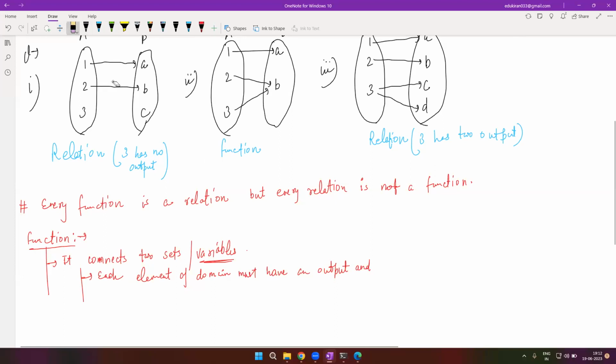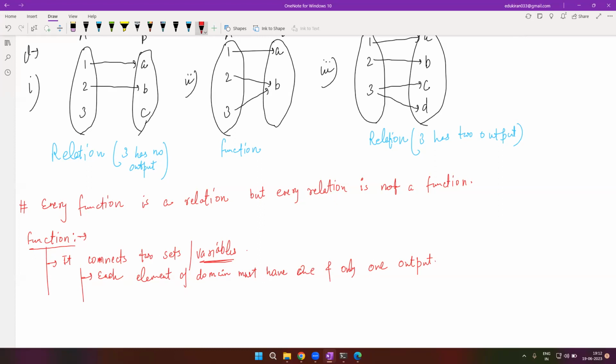I should write it like this. Each element of domain must have one and only one output. So each element of input, your domain, must have an output, and it should be only one output.